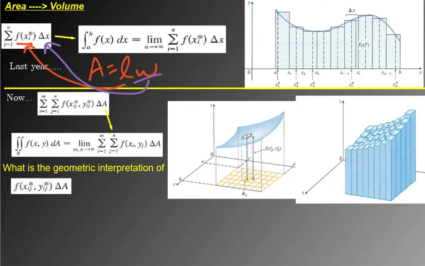Those were ones where you got the rectangle to match perfectly on the left side every time. What we're doing here is saying when we write x sub i star, this is our way to talk about some arbitrary x in the delta x.